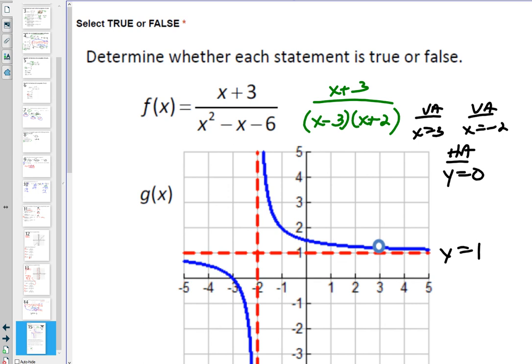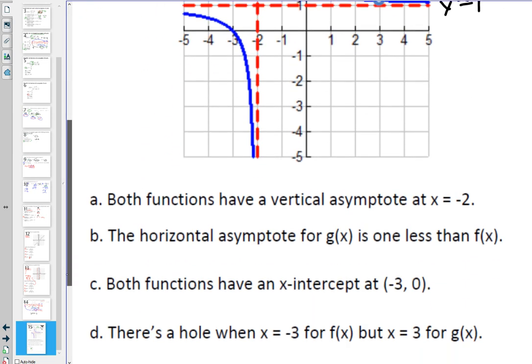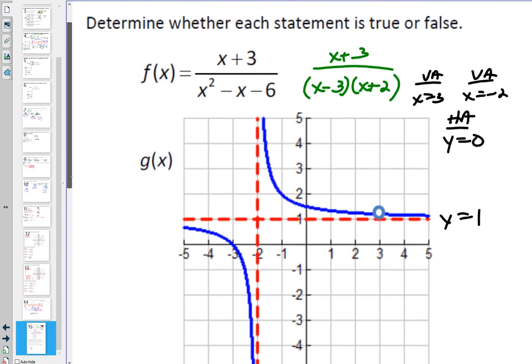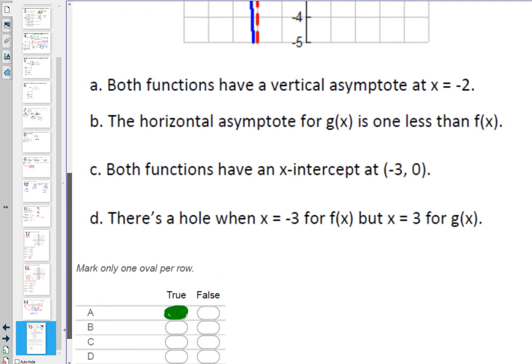When the bottom degree is bigger, it doesn't matter what's in front, what your lead coefficient is. Bottom degree bigger, always on the x-axis. So is g of x 1 less than f of x? No, g of x is 1 more than f of x. So, false.